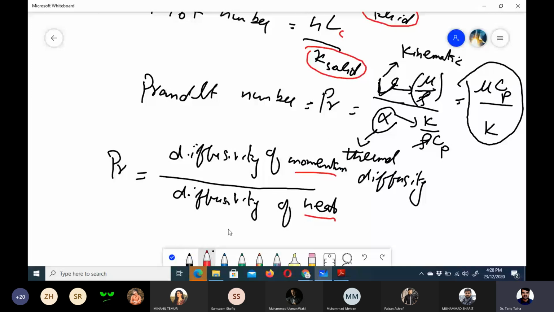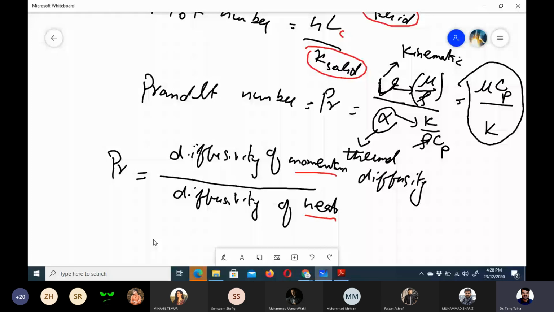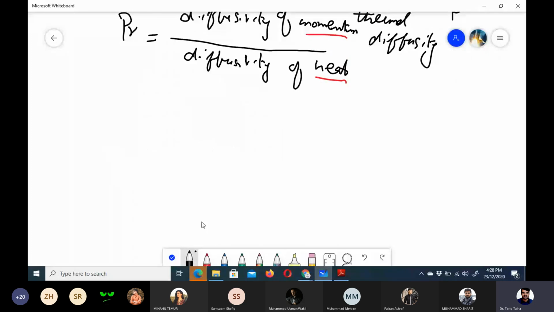What this means is, if the Prandtl number is less than 1, and I draw the thermal boundary layer and the viscous boundary layer, so if I draw two boundary layers, one is the thermal boundary layer and one is the velocity boundary layer, what do you think this red line would be representing?